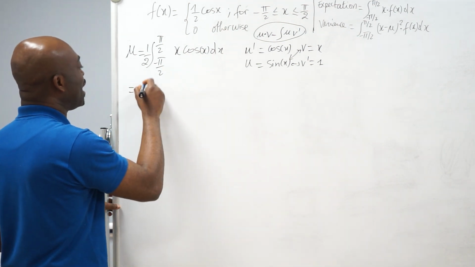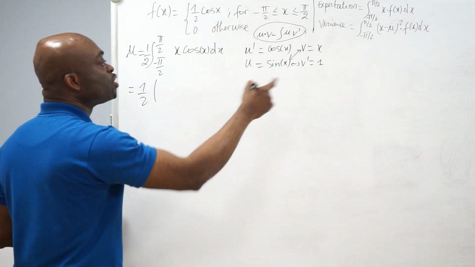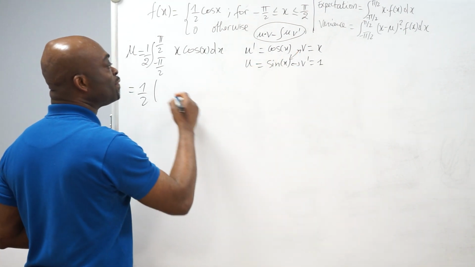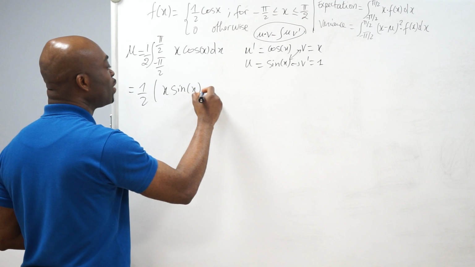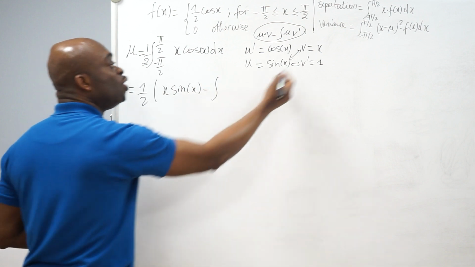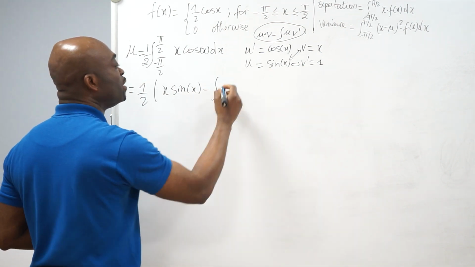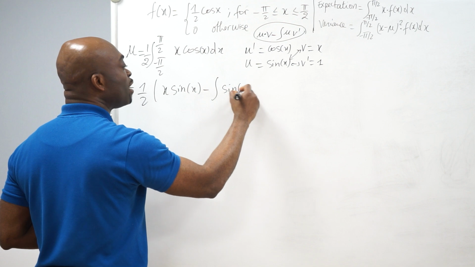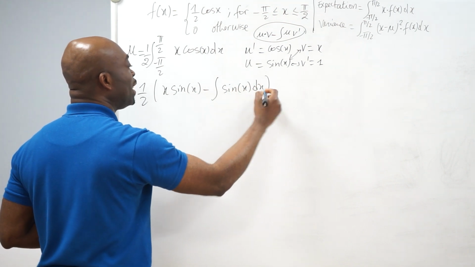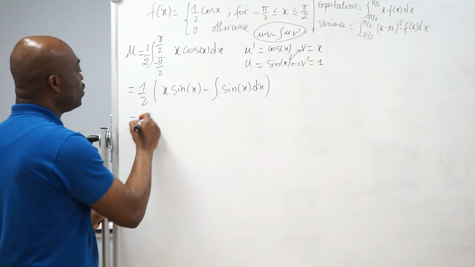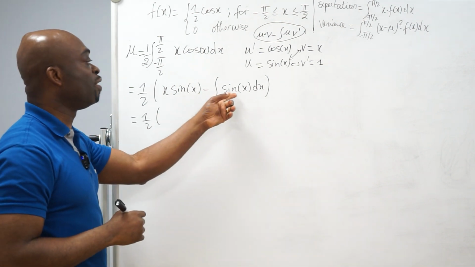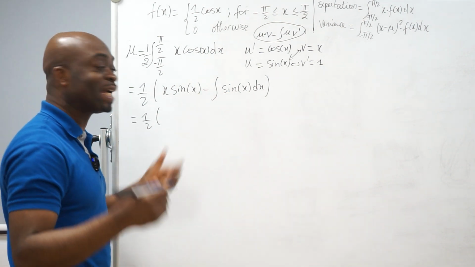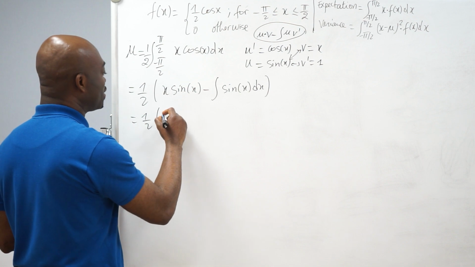So we get a half times u times v, which is going to be x times sine of x, minus the integral of 1 times sine of x, so that would be sine of x dx. Okay, so that's what we have. Now we have to find the integral of sine of x, which is negative cosine of x.